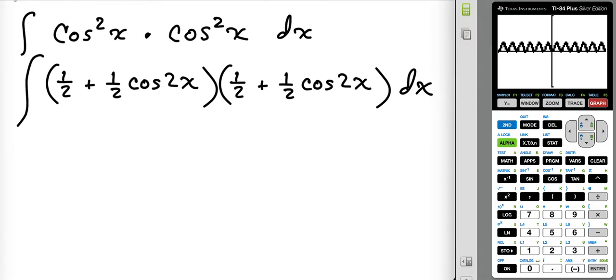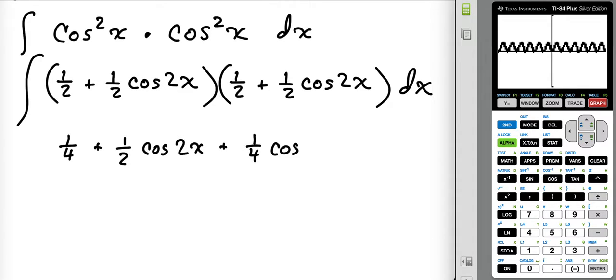But when I distribute, I get 1/4. I don't get that nice cancellation like the difference of perfect squares. The outers are going to give me 1/4, I'm sorry, 1/4 cosine 2x. The inners are going to give me 1/4 cosine 2x. So 2/4 cosine 2x, so 1/2 cosine 2x, plus 1/4 cosine squared 2x dx.